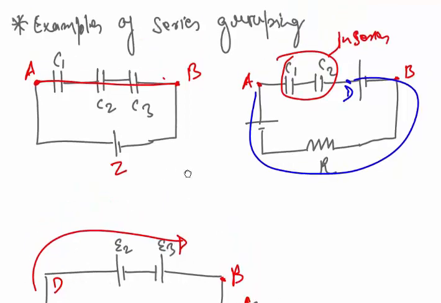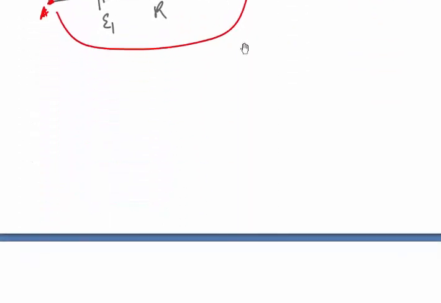But in the first example, if we cross from A to B, we pass the three capacitors once each. There is no interfering circuit element like a battery or resistance. Same thing is in the second example. So I hope that with these examples the series grouping is clear.